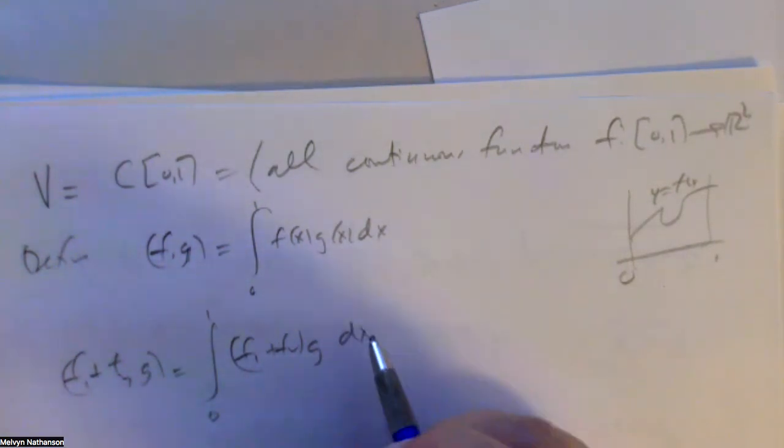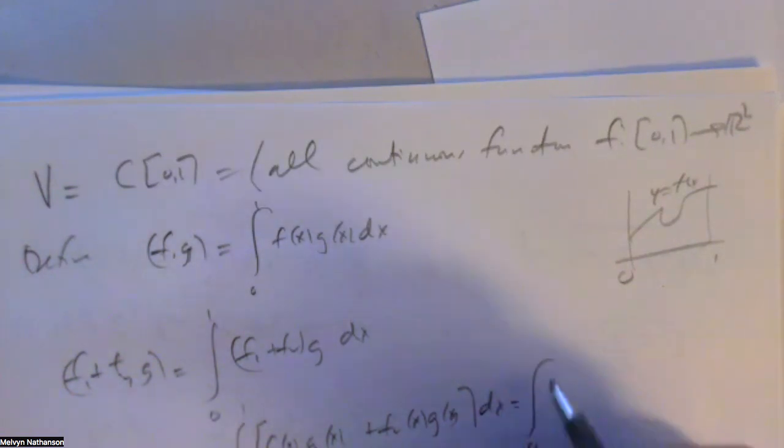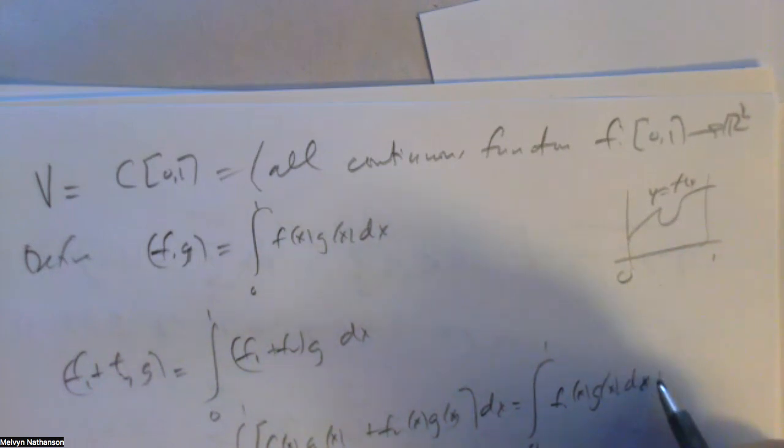But you learn in integration, so this is the integral from 0 to 1 of f1 of x, g of x, plus f2 of x, g of x, dx. But that's the integral from 0 to 1 of f1 of x, g of x, dx, plus the integral from 0 to 1 of f2 of x, g of x, dx. And that's the inner product of f1 and g, and this is the inner product of f2 and g.